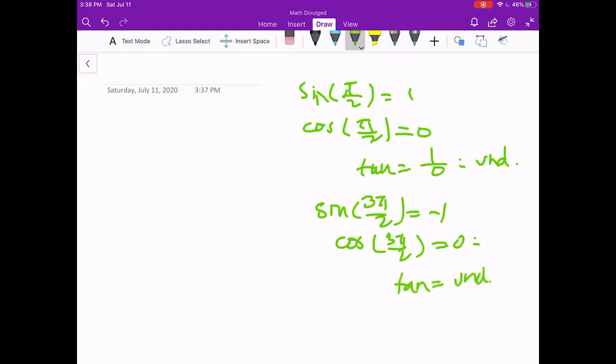And this in fact will happen for every value of pi over 2 plus k pi, where k is any arbitrary integer. So for example, 5 pi over 2, negative pi over 2, negative 3 pi over 2, so on. But for all of those values, tangent will essentially be undefined. So when we first draw our graph of tangent, we have to keep that in mind.